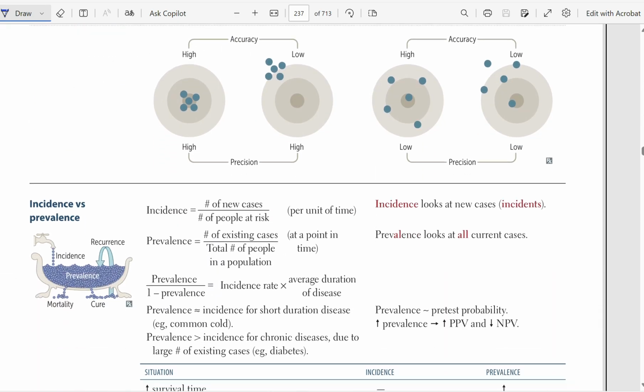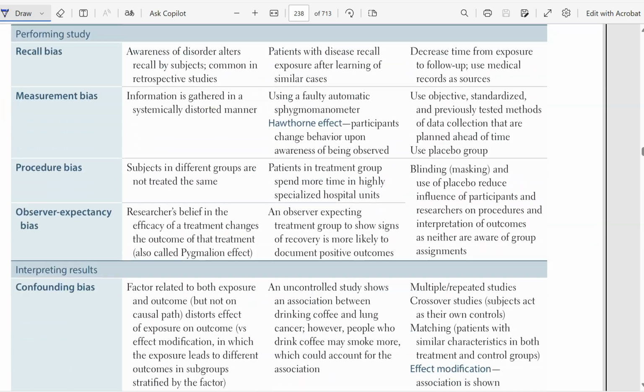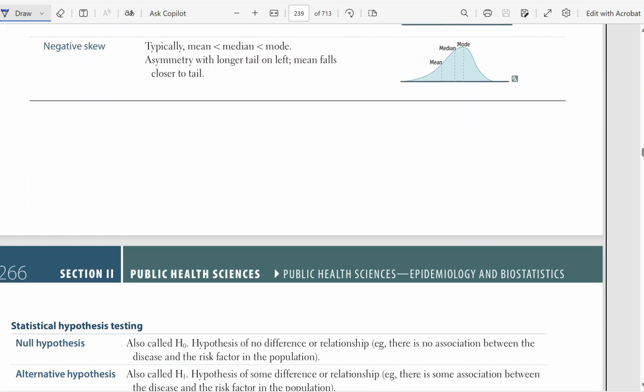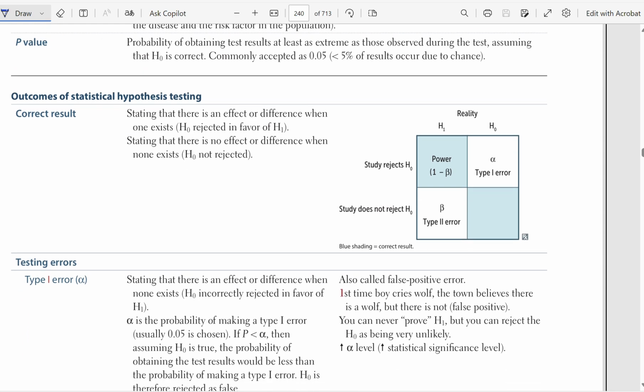But what I want to conclude this first video with is the basics of statistical testing. The study rejects the null hypothesis. The study does not reject the null hypothesis. And in reality, what is there? So supposing we want to predict that chemotherapy increases life in cancer patients, and in reality it does increase life expectancy.